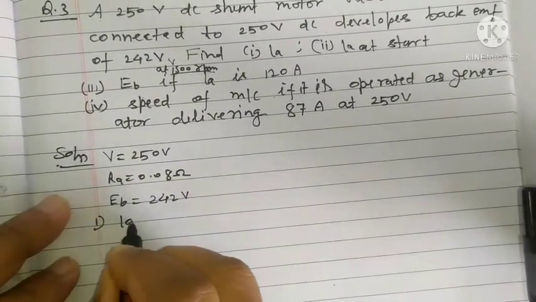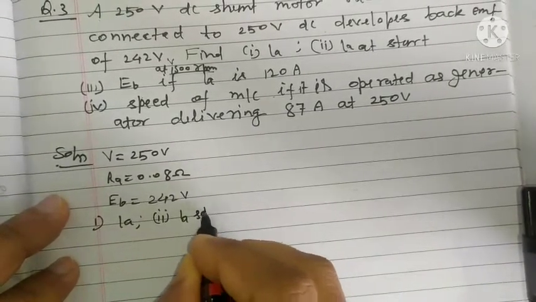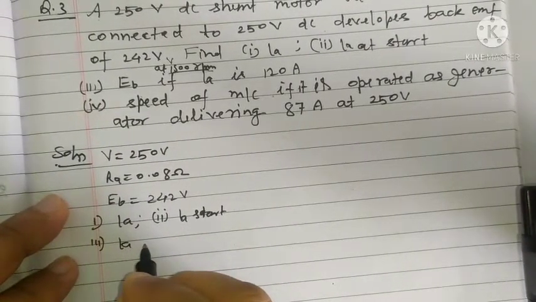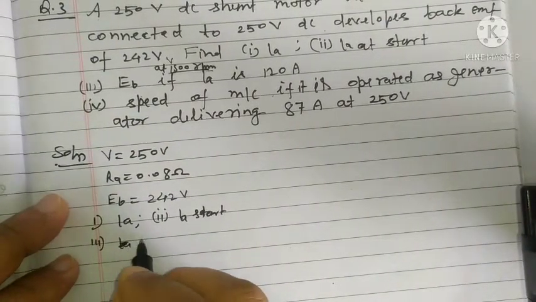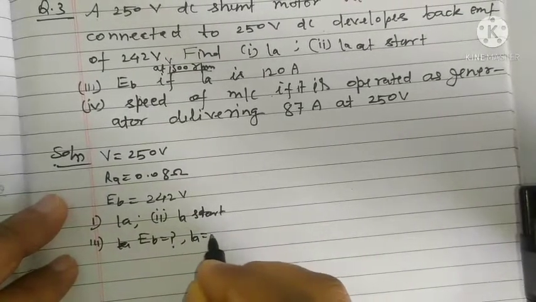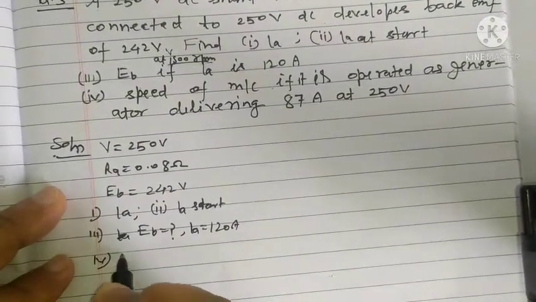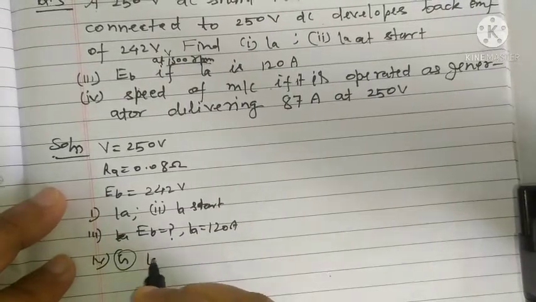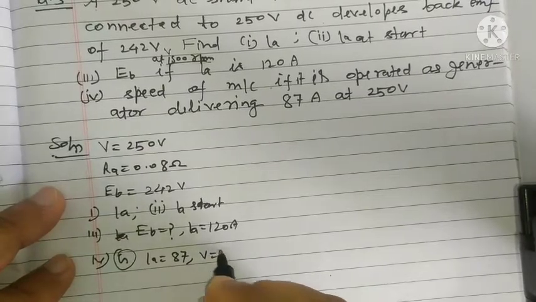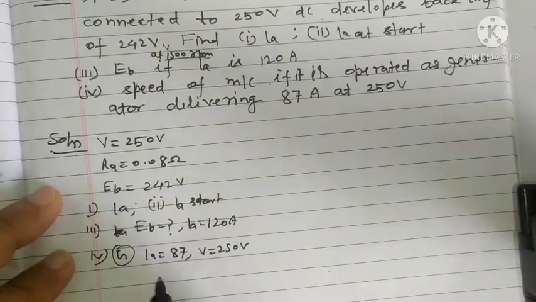They are asking first the armature current, second the armature current at start, third the back EMF if armature current is changed to 120 ampere, and fourth, if it is a generator supplying 87 ampere at 250 volt, then what will be the speed?